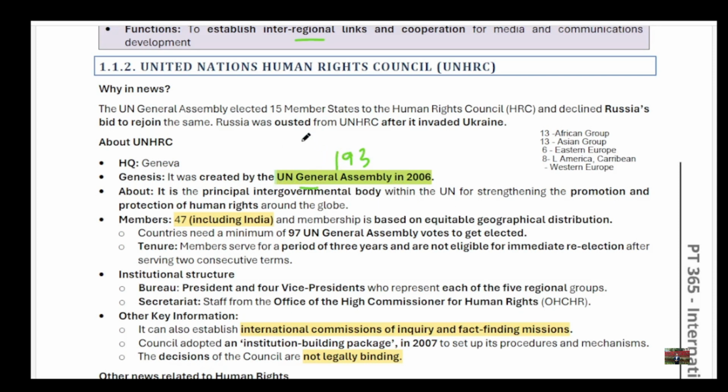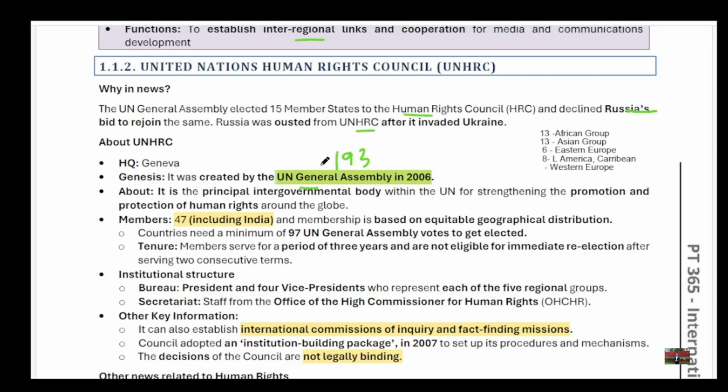Recently, 15 members were elected by the General Assembly to the Human Rights Council. But Russia, which was ousted from UNHRC after it invaded Ukraine, was refused to join the UNHRC. Even China, Pakistan, and others are countries considered to be highly human rights violative.